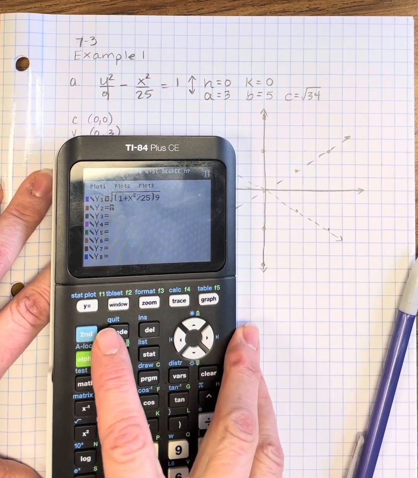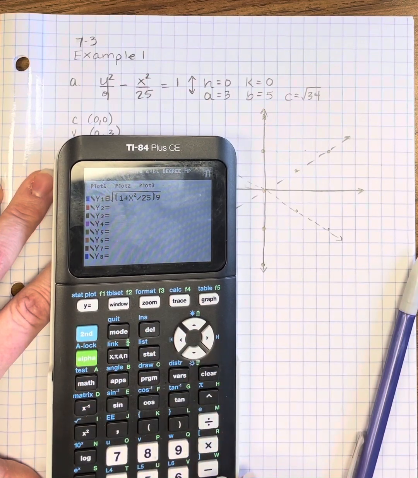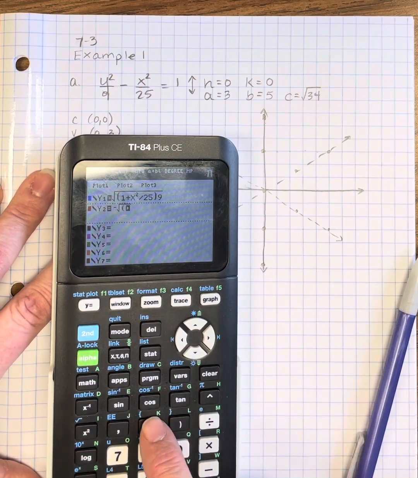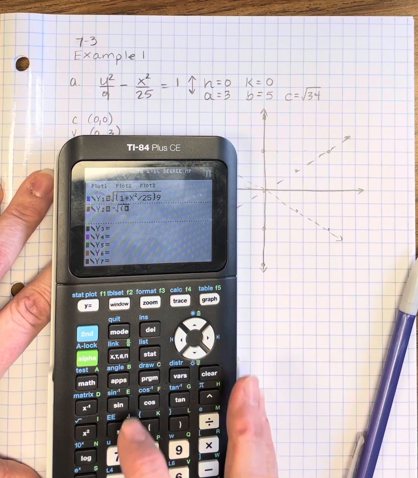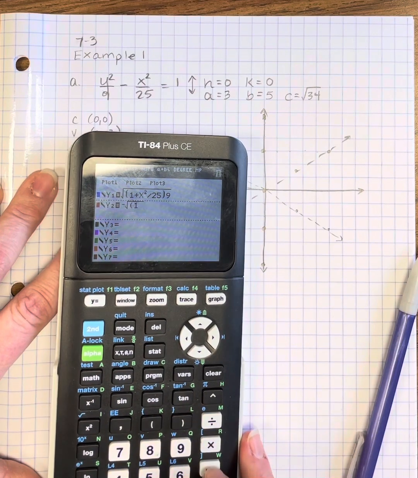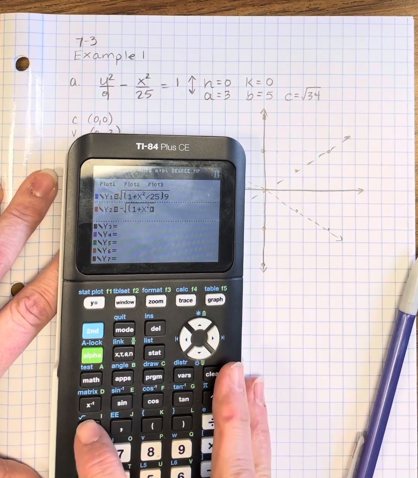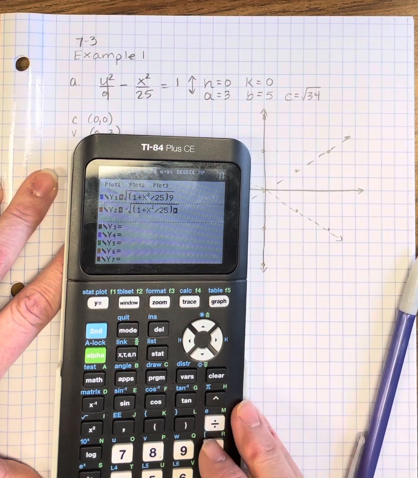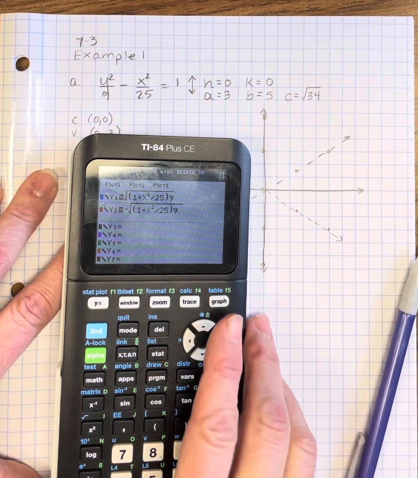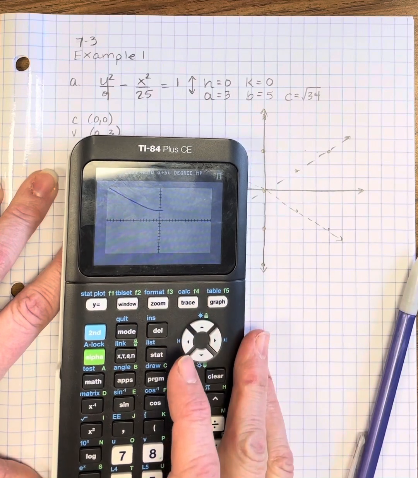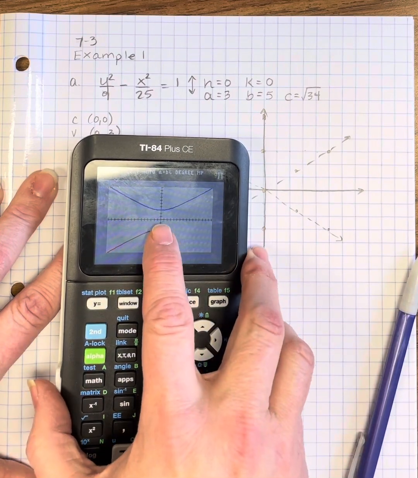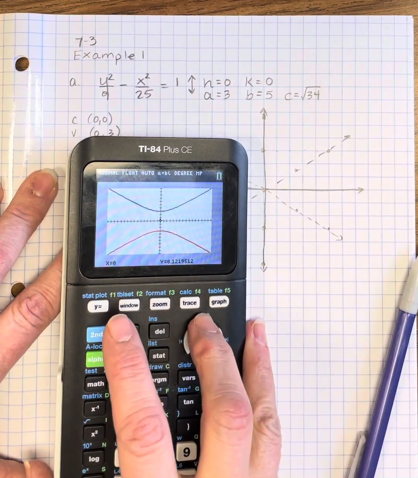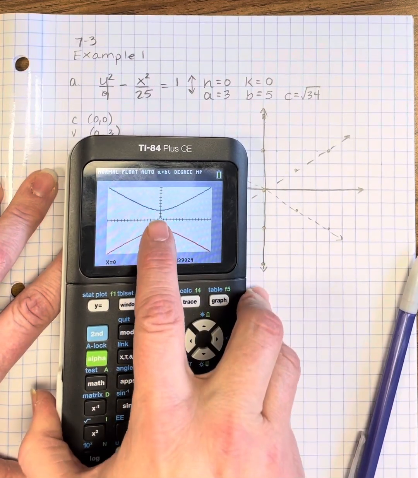And then my other one would be a negative of that. So square root of 1 plus x squared divided by 25, parentheses times 9. So I can see my 3 and my negative 3. You can see it a little bit better, 3 and negative 3.